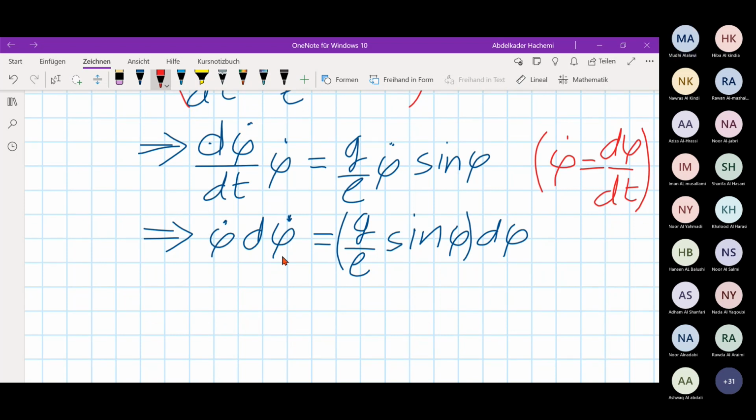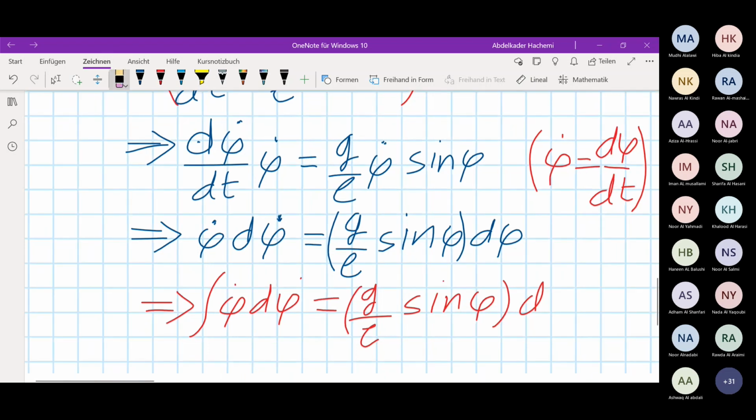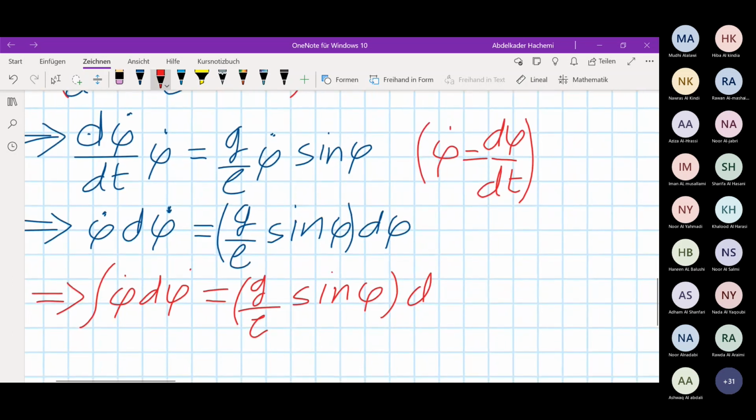Then I can get here the integral of phi dot d phi dot equal to g divided by L sine phi d phi, and this is the integral.